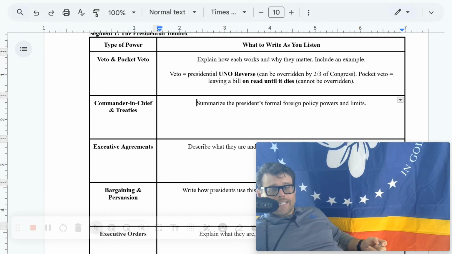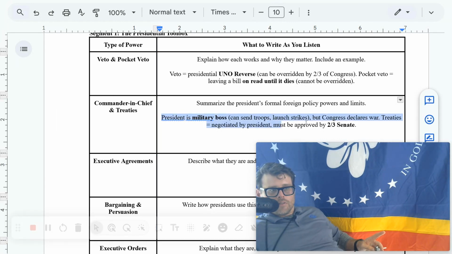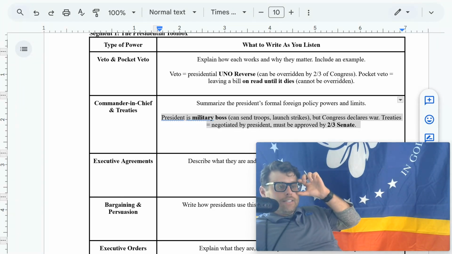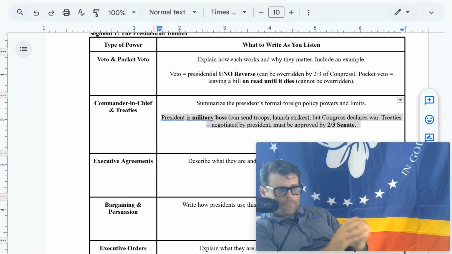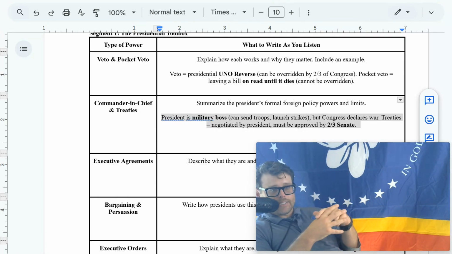All right, next up, treaties. I went ahead and dropped in what I would put here for this. Make sure you add an example possibly. So treaties: the president negotiates them. The president is chief diplomat, another hat, with the power to negotiate treaties with other heads of state, heads of government.